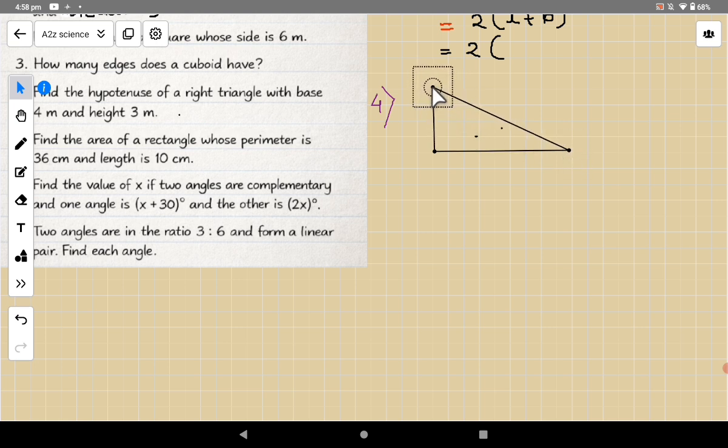So here I have drawn a right triangle. If one angle is 90 degrees, then the triangle is known as a right triangle.